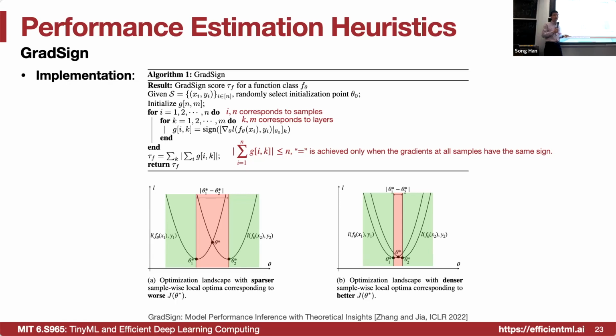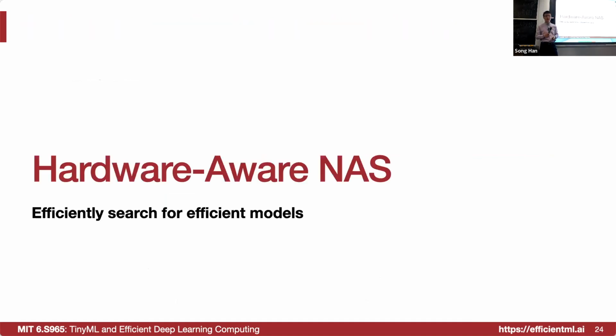Actually, you don't need the full gradient, you just need the sign of that gradient. All right, so those are several techniques that can give you a rough prediction of the accuracy without having to train it.